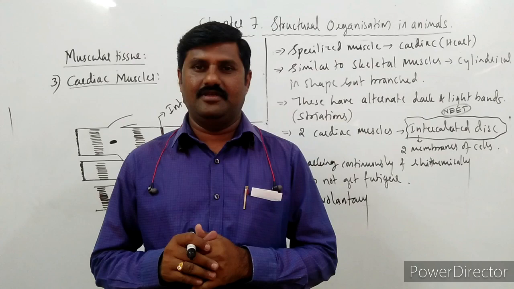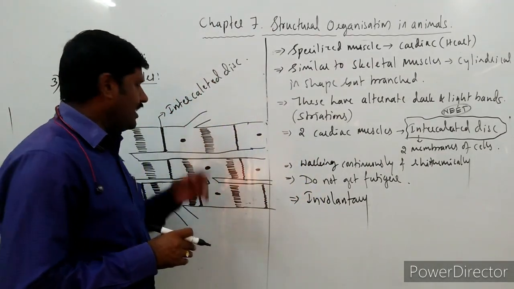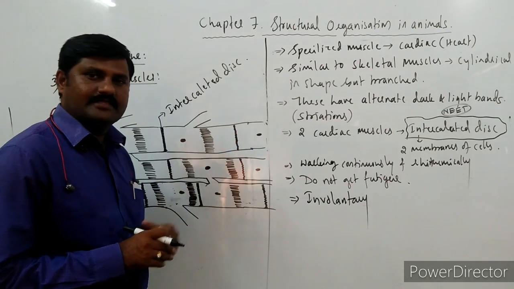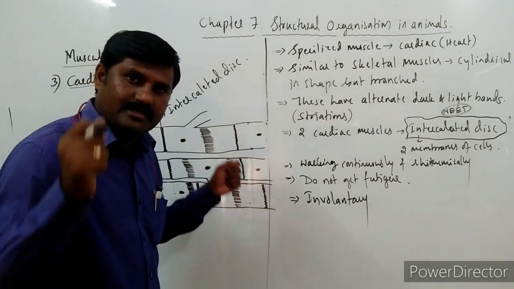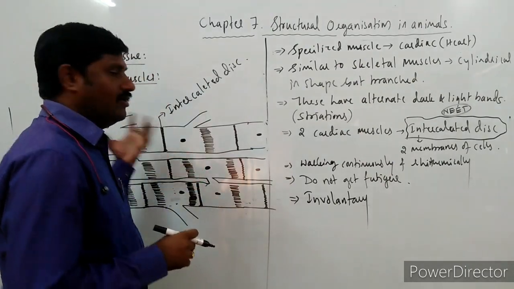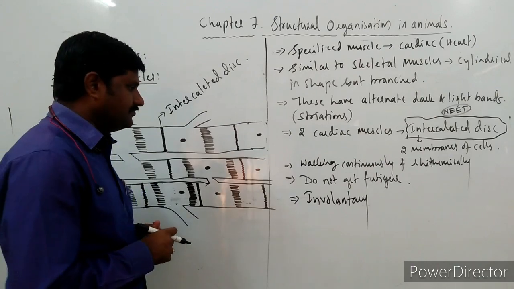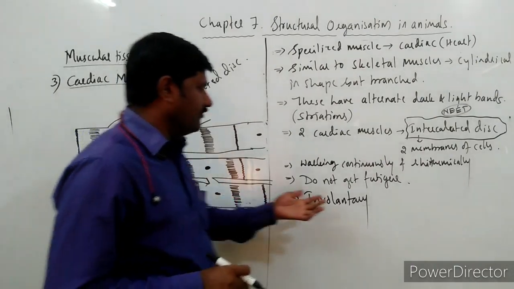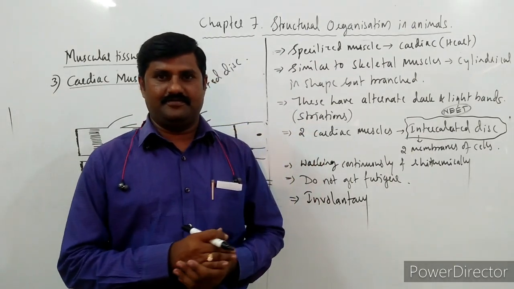Here you come across many branches, and the muscle fibers are connected with the help of intercalated discs, so as to form an elongated strand of muscle fibers. All together they work as a unit, right? And these are involuntary in nature, and they do not get fatigued, right?